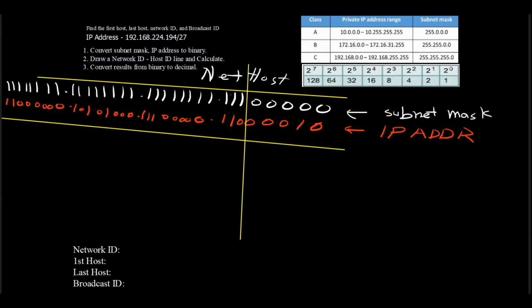The network part will be fixed. We're not going to do any calculation on this part. The network part is always kept the same. All the calculation will be on the host part.